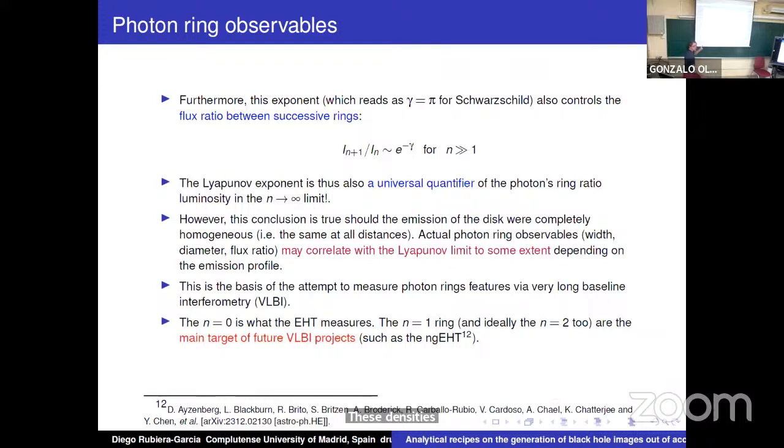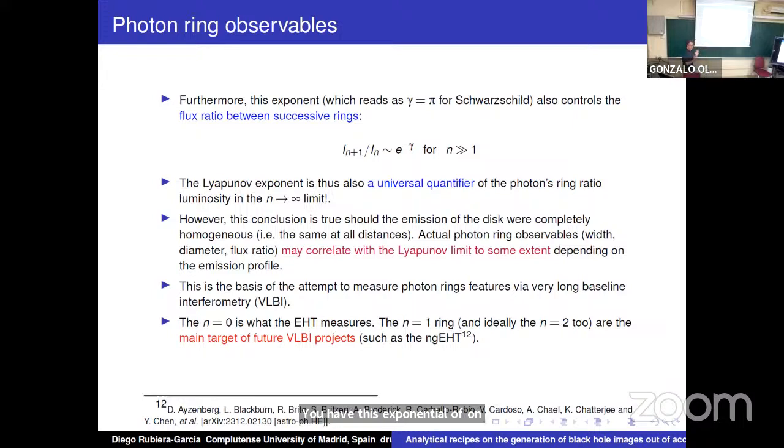And it turns out that the intensities follow exactly the same rule. So this is also the exponential of the Lyapunov index. It means that if you take two photon rings, for instance n equal to 1 and n equal to 2, and divide the intensity of one by the other, you have this exponential of pi for Schwarzschild, and the exponential of something different for other geometries, for other black holes.